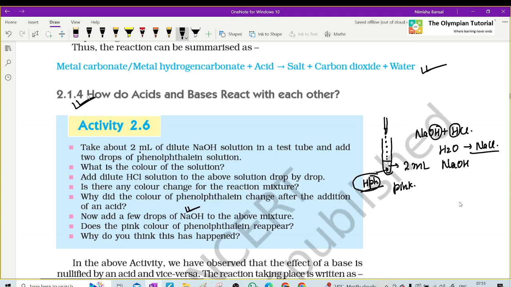Now write down this heading: How do acids and bases react with each other? Written? Yes, ma'am.